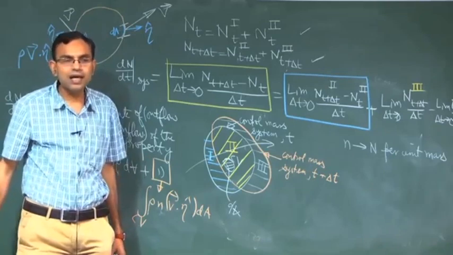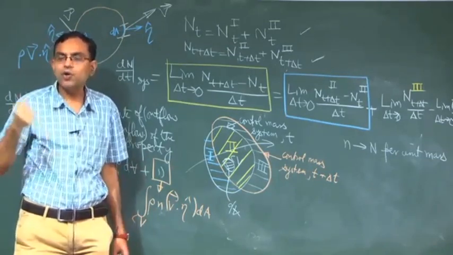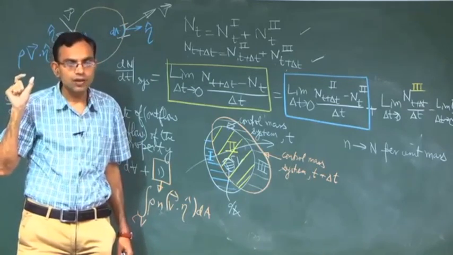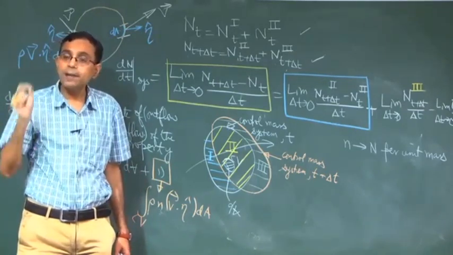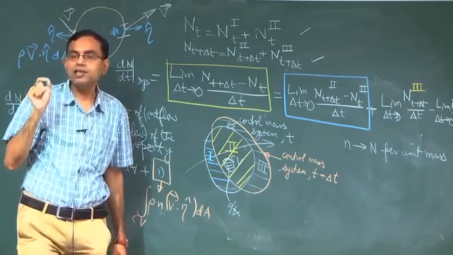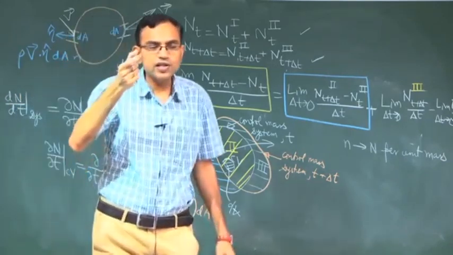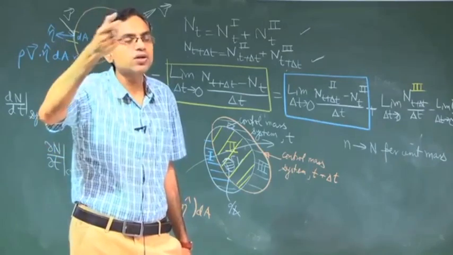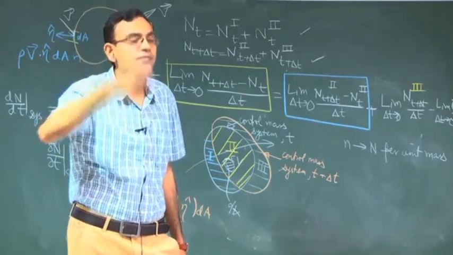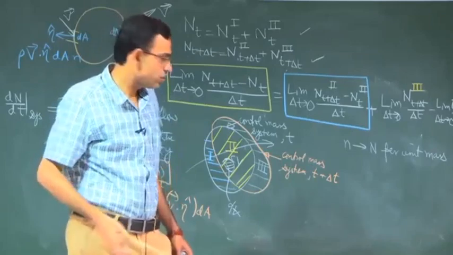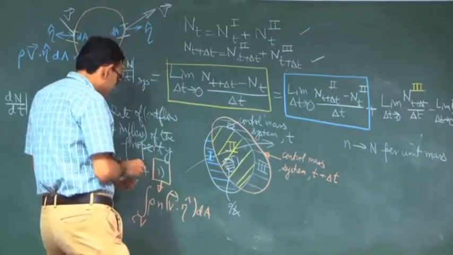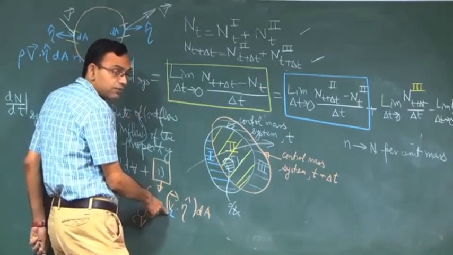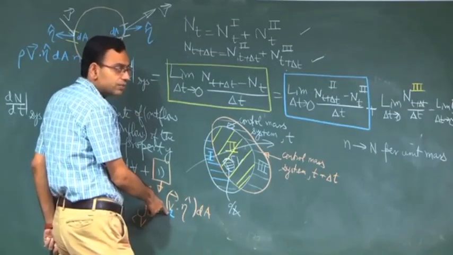If that be the case, then what is the net flow of water with respect to the control volume? It is 0. So, it is not the absolute value of the velocity that matters. For the transport of flux across the faces of the control volume, it is the relative velocity that matters. So, this V is Vr, or V relative. This is the velocity of fluid relative to the control volume.